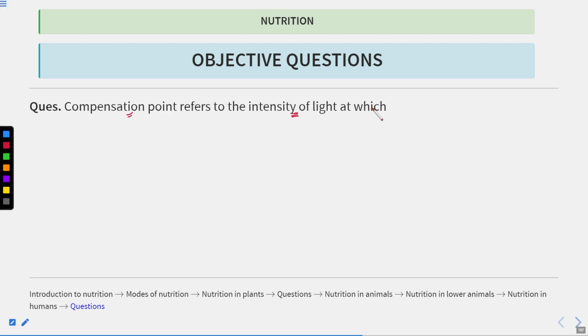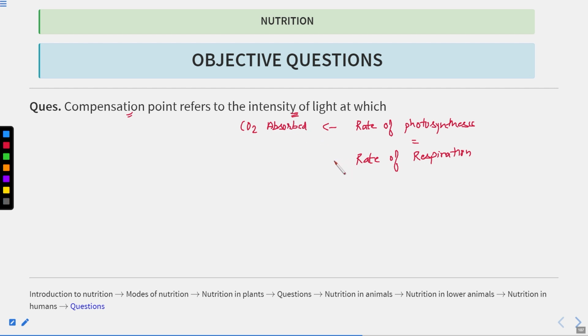The compensation point is that intensity of light at which the rate of photosynthesis is equal to the rate of respiration. During photosynthesis, carbon dioxide is fixed, or assimilated, absorbed from the environment.